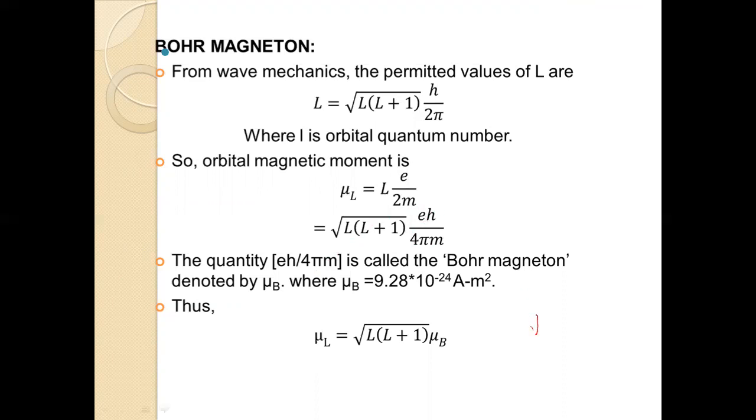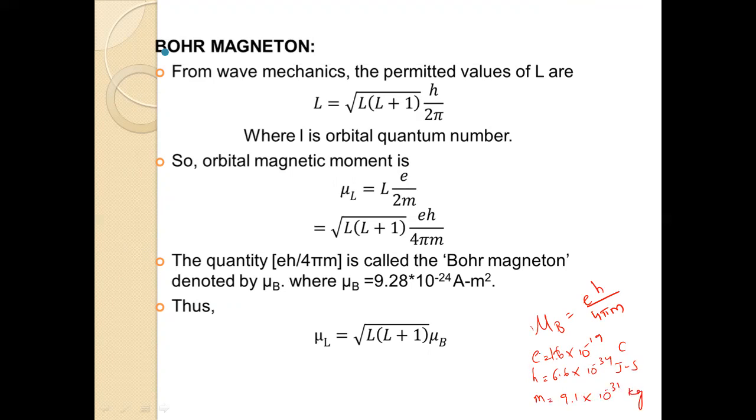Therefore, mu B is equal to eh by 4 pi m, where e is the charge of the electron, that is 1.6 into 10 power minus 19 coulombs. h is Planck's constant, that is 6.6 into 10 power minus 34 joule second. m is the mass of the electron, that is 9.1 into 10 power minus 31 kg.